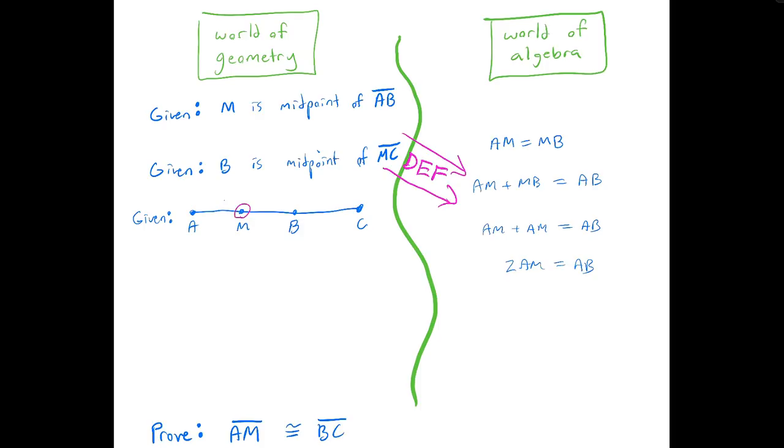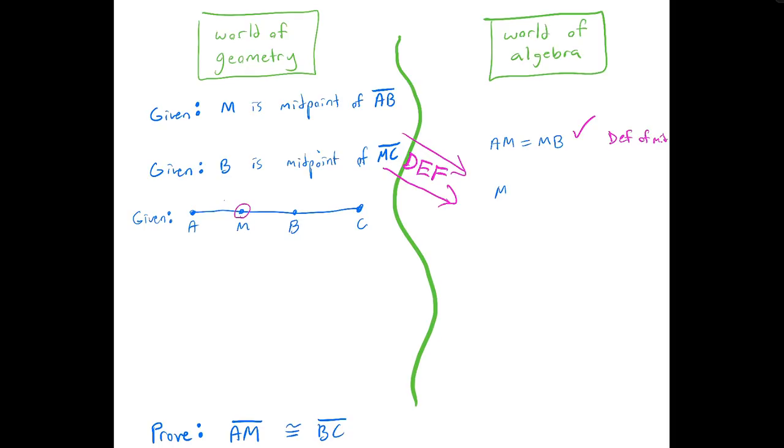M is the midpoint of AB. So we go, oh, we know this by the definition of the midpoint, right? And then let's use the definition of the second one, which would tell us that B is the midpoint of that.